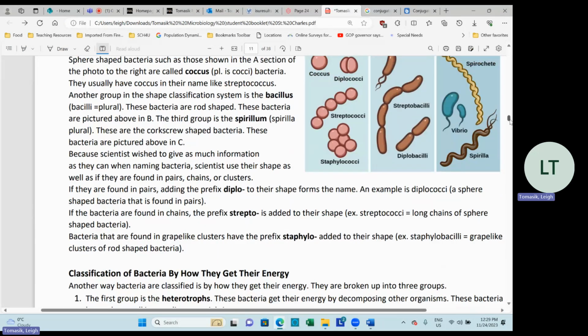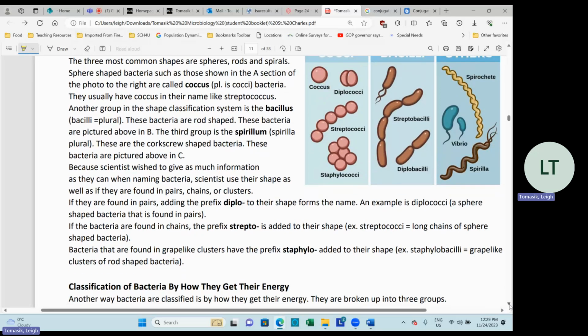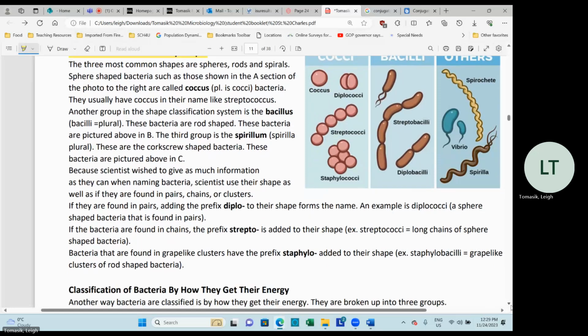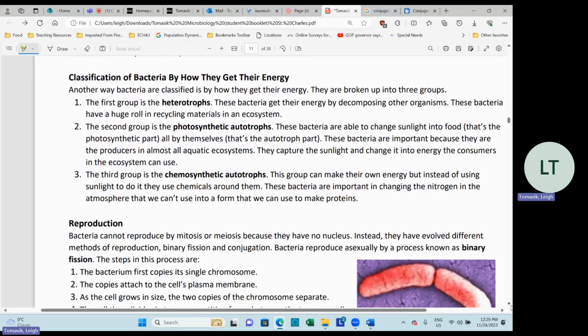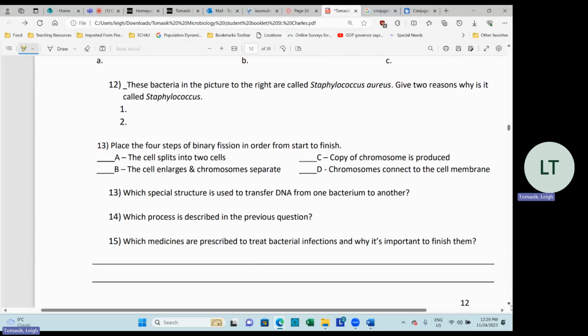And then this right here on page 11 is really important, the classification of bacteria by shape. So you're going to definitely read this because you're going to use that on your assignment. Okay. And then there are some more questions at the end of this reading.